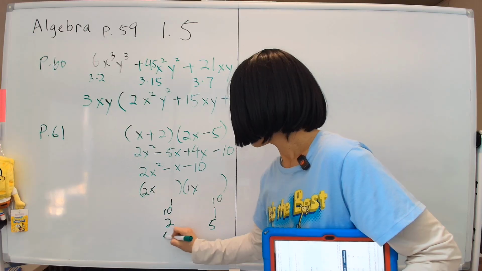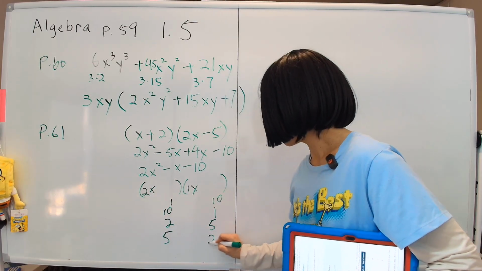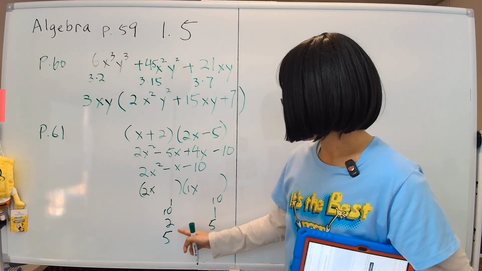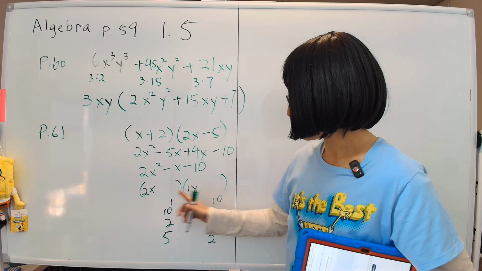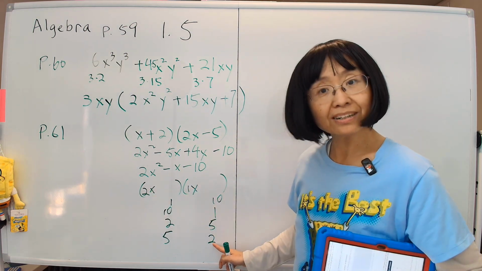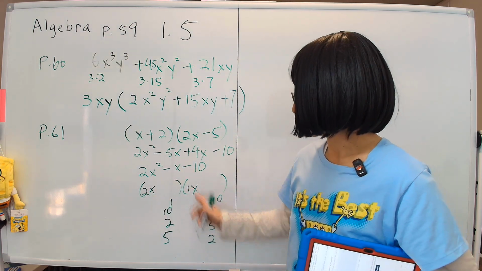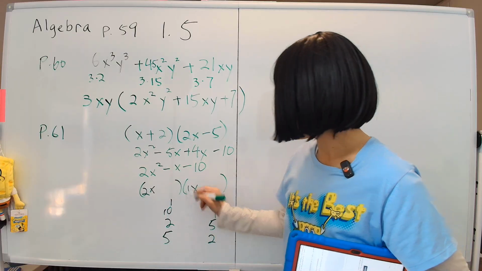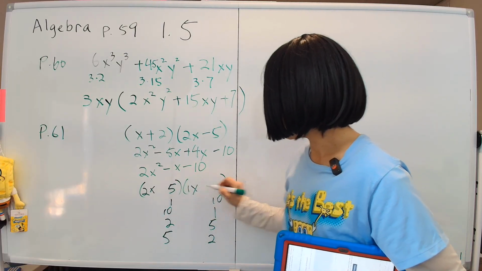So finally, we try 5 and 2. If we try 5 and 2, then we have 5 times 1 is 5, and 2 times 2 is 4. At that point, that will give us a 1. So we have 5 here and 2 here.